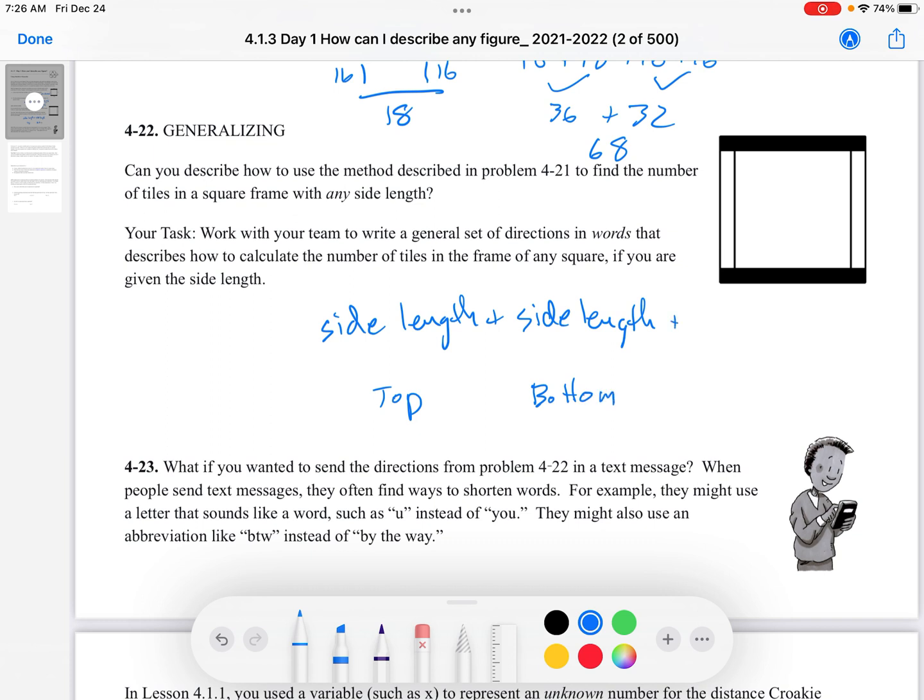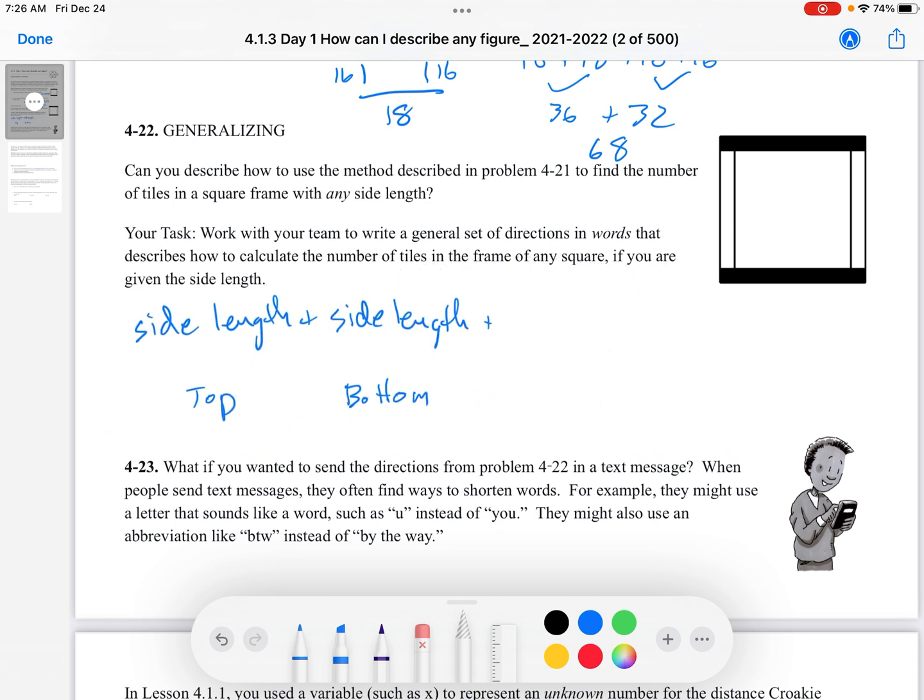And then we have to add the two sides, don't we? So we could say this is the left, and this is the right, and we'll put the plus signs in between. What do we know about the left side? Well, the left side is not the whole side length, but we have to subtract the top and the bottom.